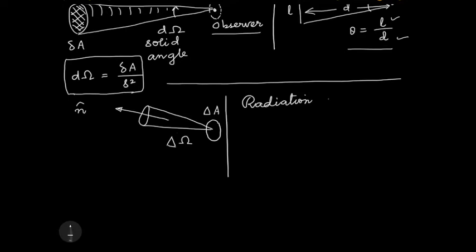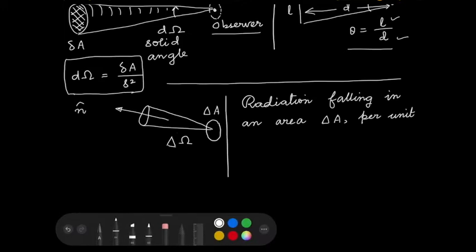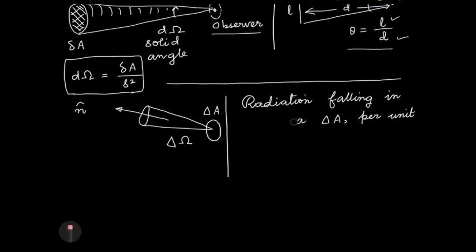So I ask the following question: radiation falling in an area, per unit time. I'm sorry, it's not an area delta, it's again per unit area, right?